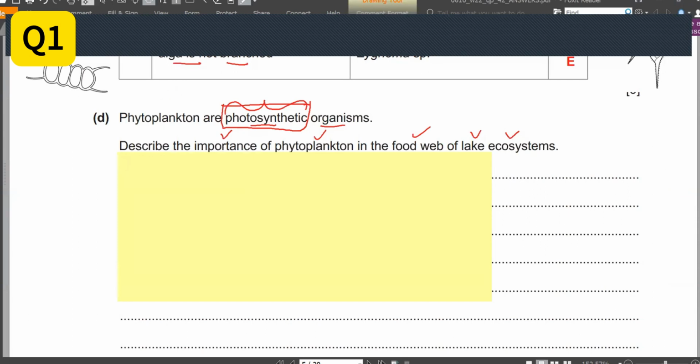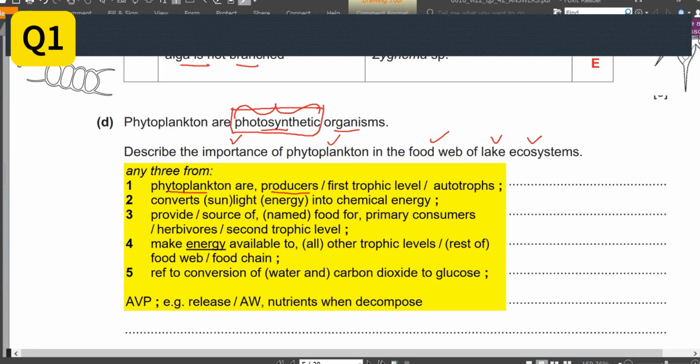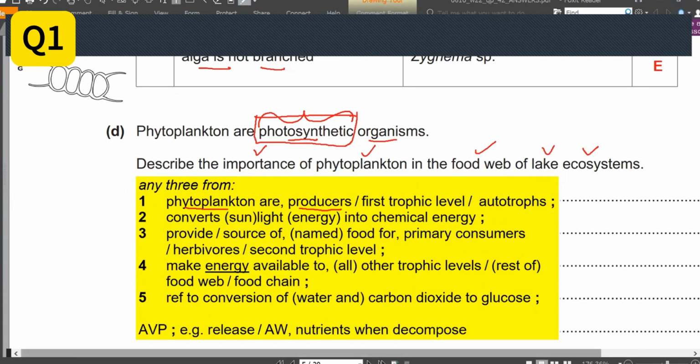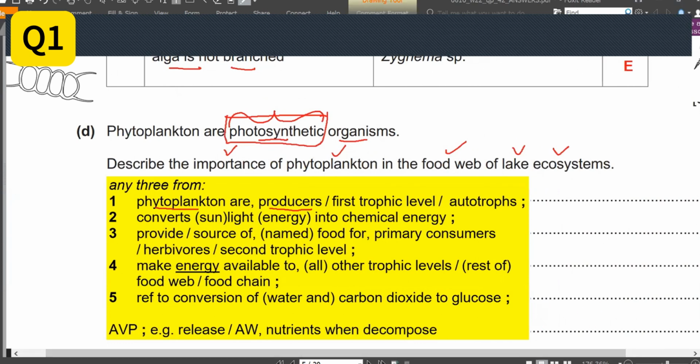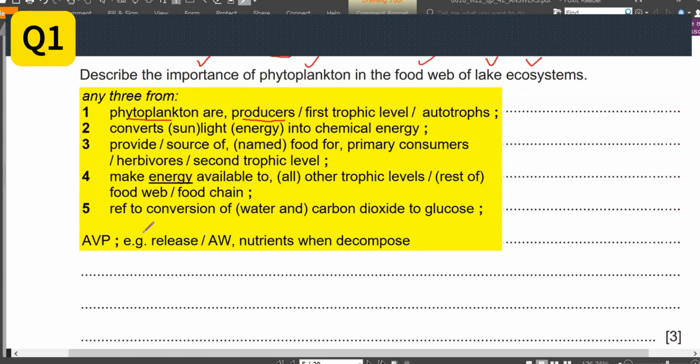We can take a look at some of the main points here. First, they act as producers. Through photosynthesis, they can produce food. So they act as producers that provide food to the other living things in the food web. Essentially, this is a 3-point question.